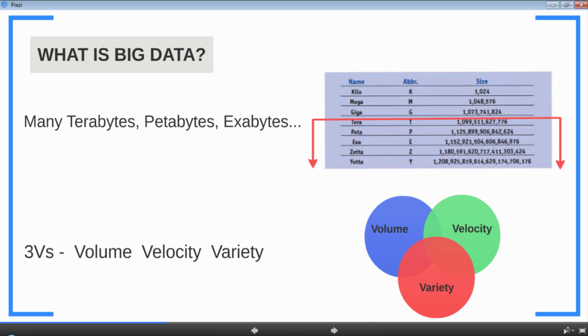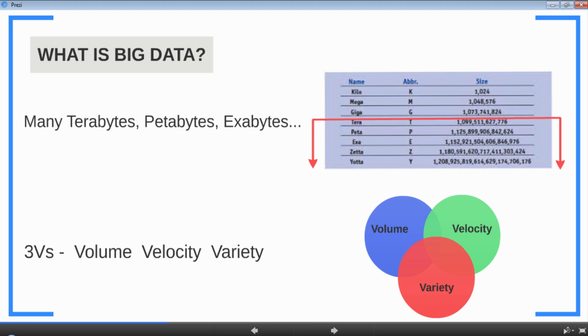Velocity tells you how fast your data is growing. If your data volume stays at 1 terabyte for a year, all you need is a good database. But if your growth rate is 1 terabyte every week, then you have to think about a scalable big data solution.